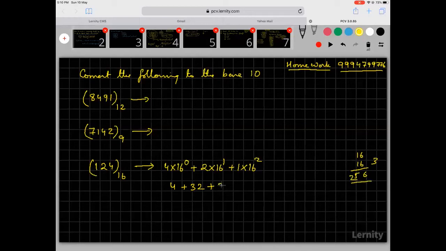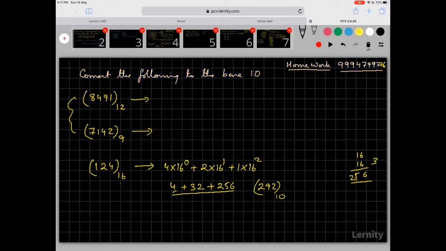So 256. So if you add all these numbers, you will get 124 to the base 16 is equal to so much to the base 10. So this becomes 36. So it becomes 292. So this is 292 to the base 10. Yeah. So I did one for you. So there are only 2 more questions for your homework.